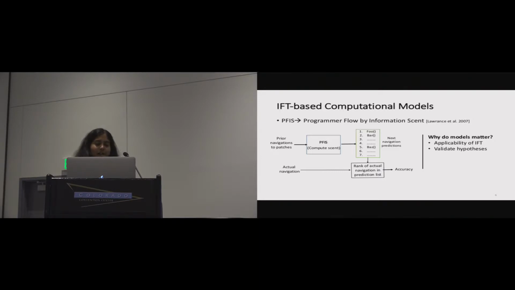And the way we could validate such a hypothesis is we could stick that hypothesis somehow in the model and see how accurate that model behaves and use that as a way of validating this hypothesis. They provide insights for tool building, and finally, if the model does really, really bad, we know we have gaps in our understanding of foraging behavior.